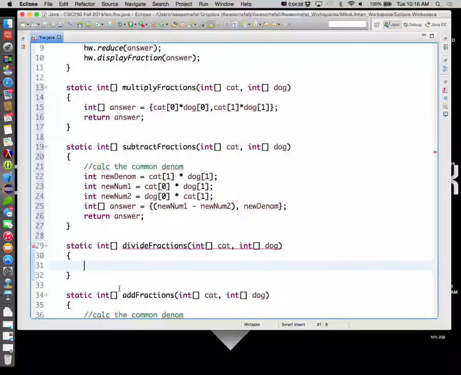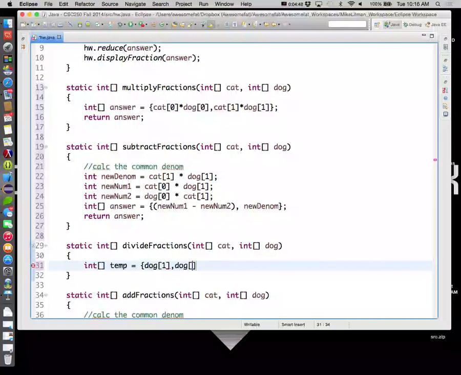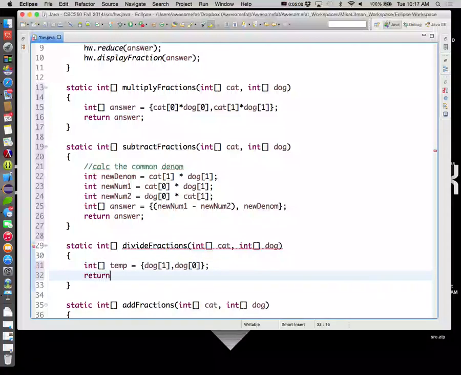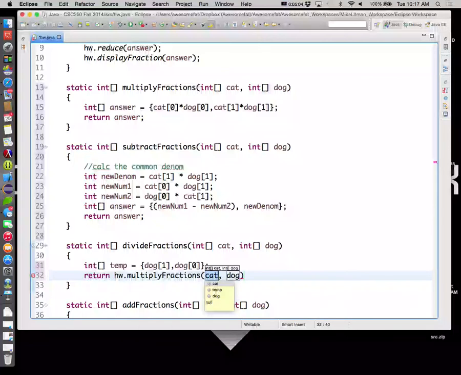So we're going to say int array temp is equal to dog at bucket 1, dog at bucket 0. So don't actually change dog, but we'll give ourselves the reciprocal of dog inside of a variable called temp. And then we will return multiply of cat and temp.